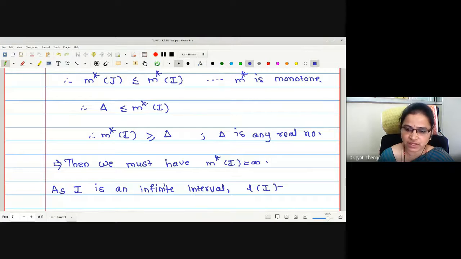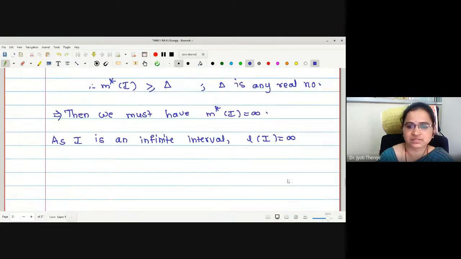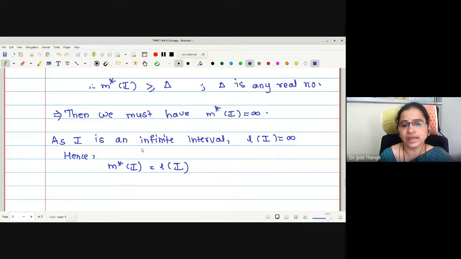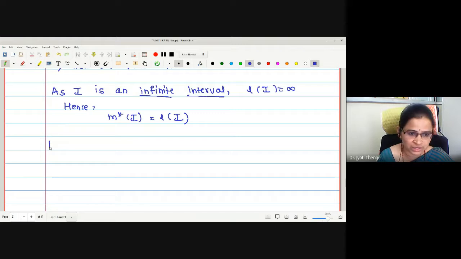L of I is infinite. Hence, we can say outer measure is equal to length of an interval in the infinite interval case.